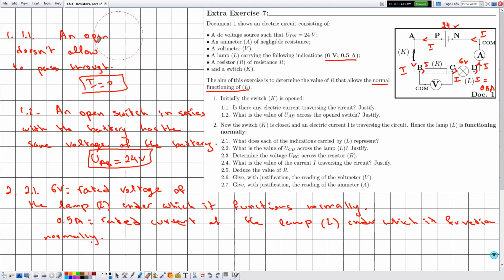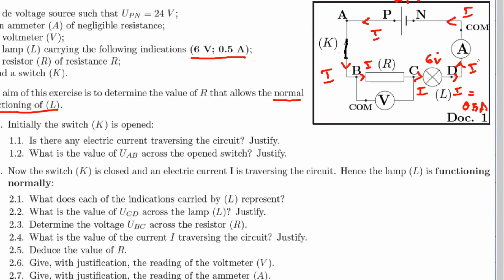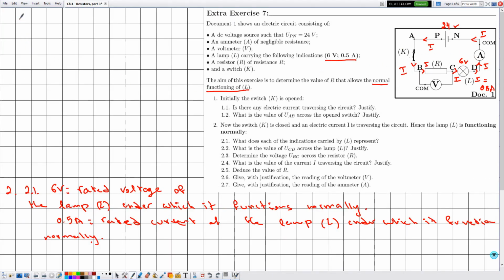Now in 2.2 they are telling me what's the value of UCD across the lamp, justify. So they are asking me about the voltage UCD across the lamp, and it's already given by 6 volts, and the justification is given by it's functioning normally.